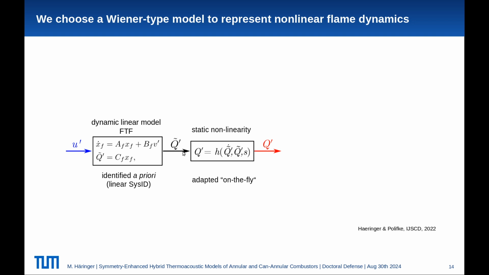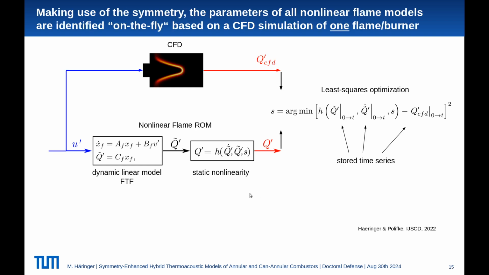Now the parameters of the static nonlinearity, these parameters S, are adapted on the fly. This adaptation is done as follows. We have our CFD simulation, which is solved in parallel with the same input as the flame model.